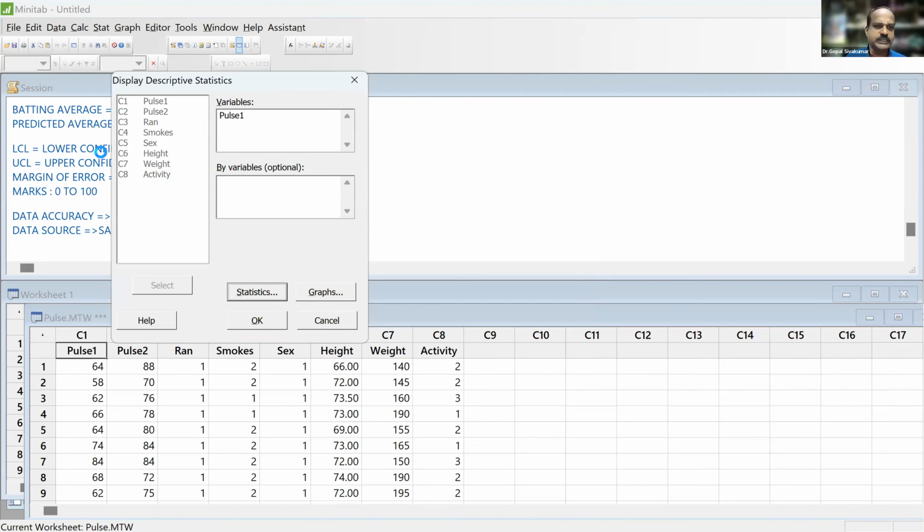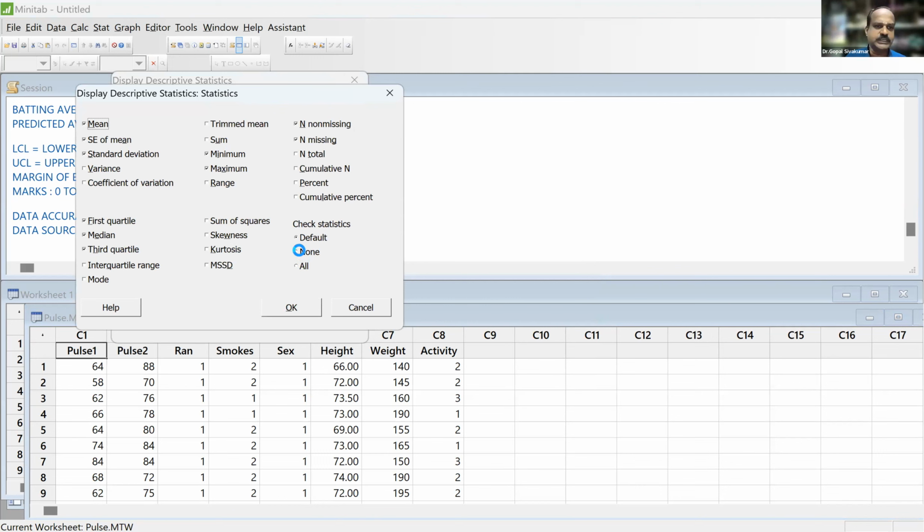Now let me uncheck first. Uncheck everything. The first one is mean. All of you, do you know what is mean? Mean is average, right? Then standard error of mean. Standard error of mean helps in locating your confidence limit.